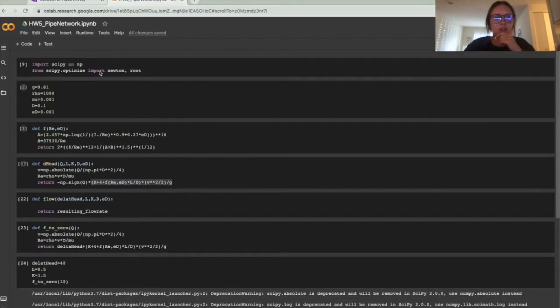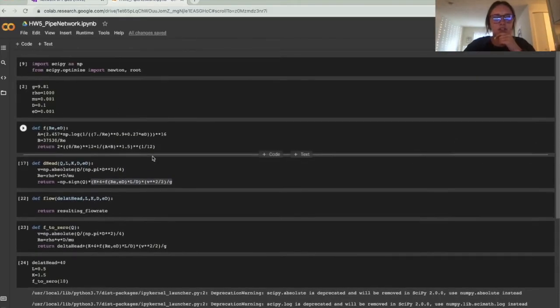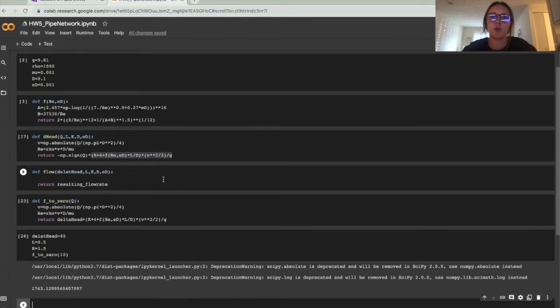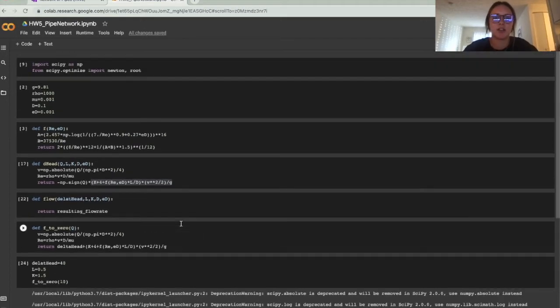So that's where this Newton's equation is going to come in, because we are going to make a guess for Q, and it is going to take that guess and reiterate it over and over until it gives us the correct value for the variable.